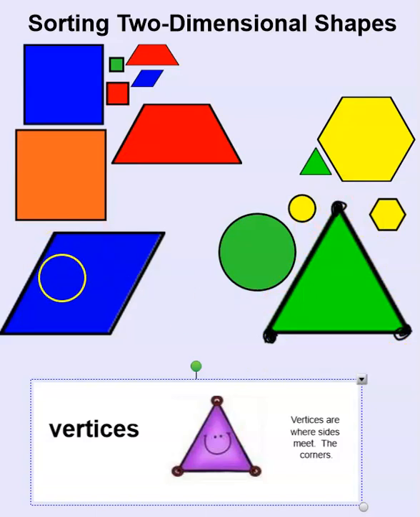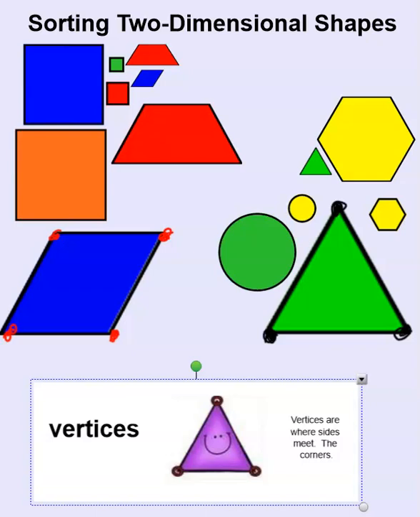Do you think that this rhombus here, this blue rhombus, has more vertices than the triangle? Let's count. 1, 2, 3, 4. Yes, it has 4 vertices or corners. Can you think of a shape that has more vertices?